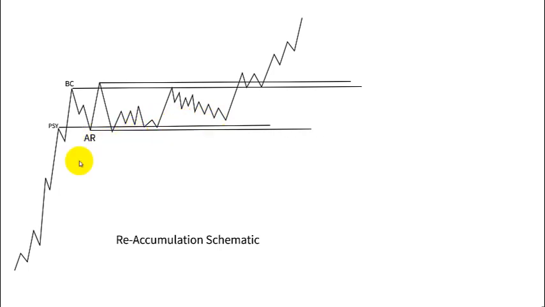Tips or things that we want to be paying attention to again is the absorption process itself inside of reaccumulation or accumulation. This is where the price action is going to become less volatile. You'll see that here as these little price swings. You'll notice that there's a big difference.